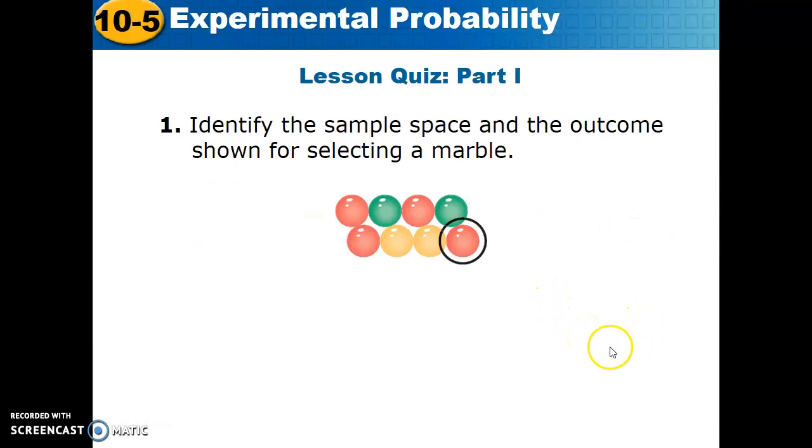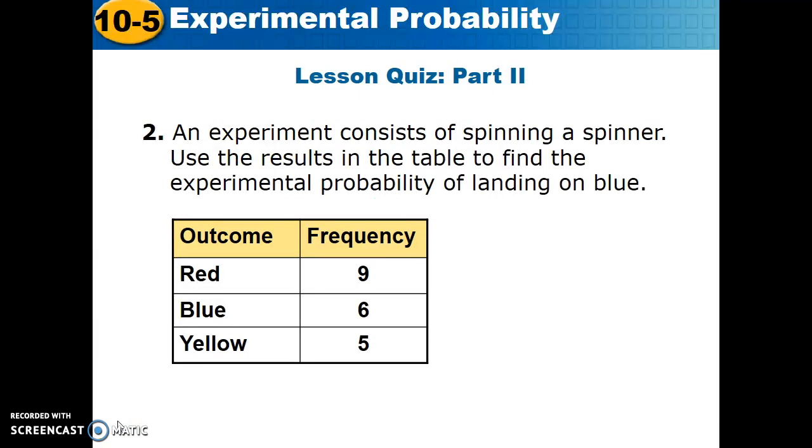Here's your quiz. I'd like you to do these problems. Problem number 1. Here's quiz question part 2. An experiment consists of spinning a spinner. Use the results in the table to find the experimental probability of landing on blue. Answer this question.